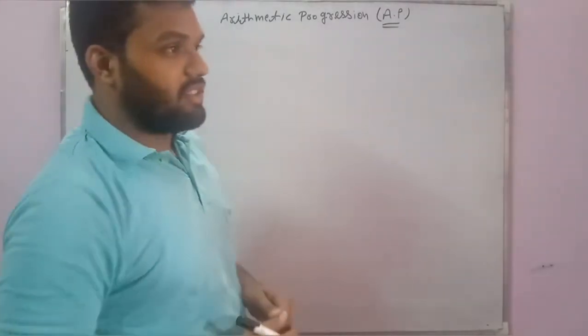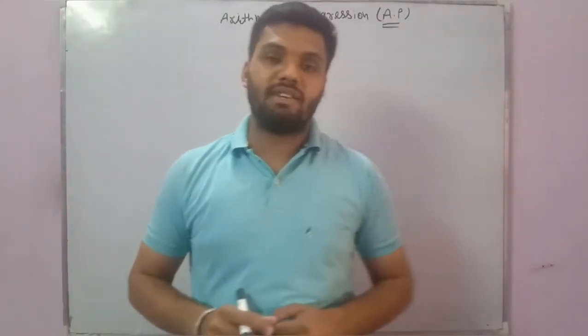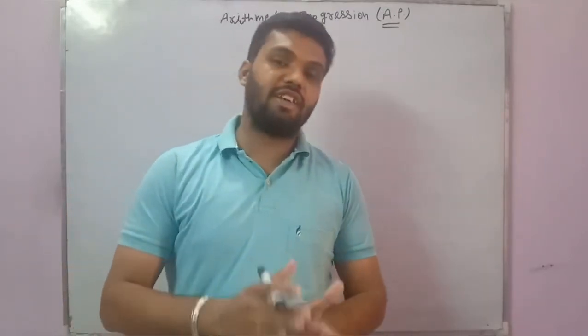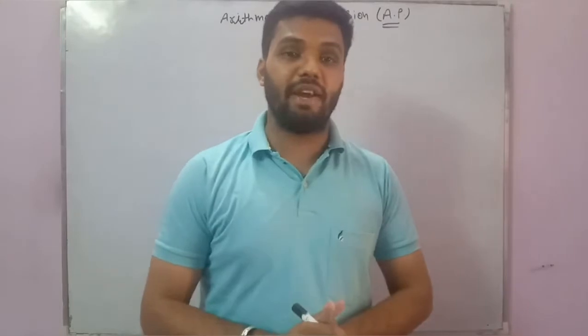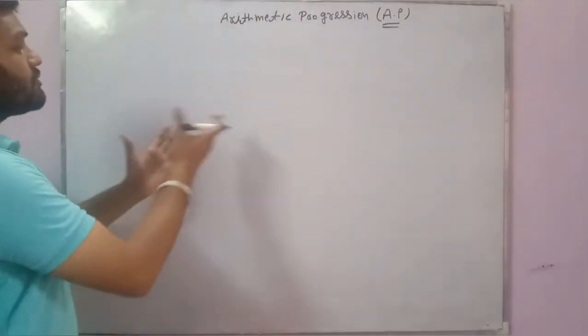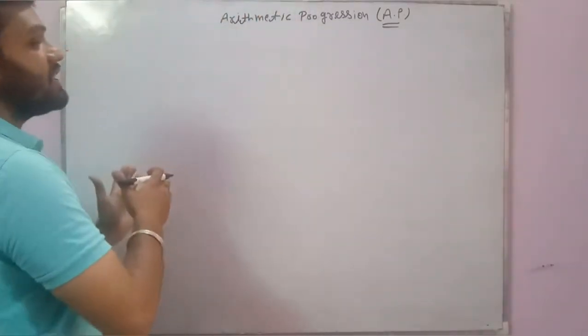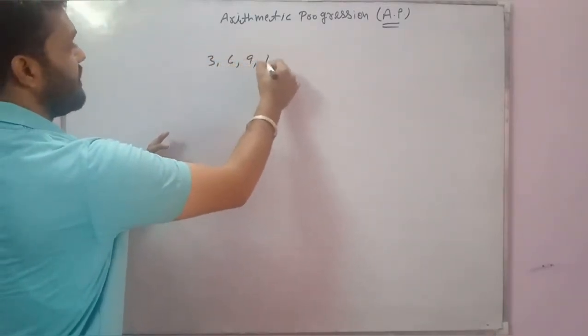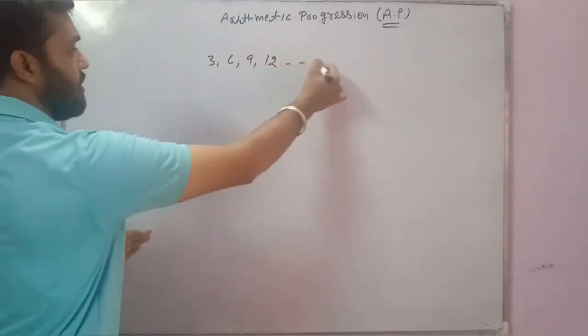Arithmetic progression. A sequence of numbers such that the difference between two consecutive terms remains the same. जो difference होगा two terms का वो क्या होना चाहिए? Same होना चाहिए. For example 3, 6, 9, 12.